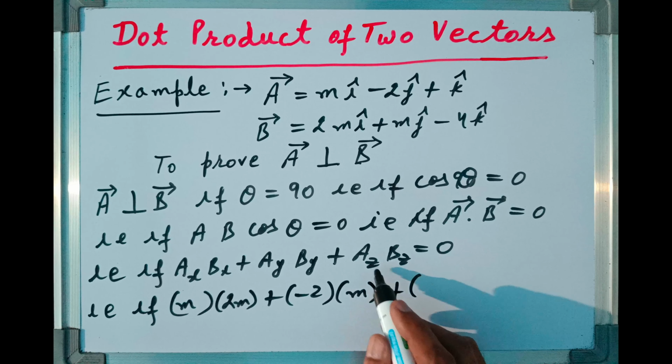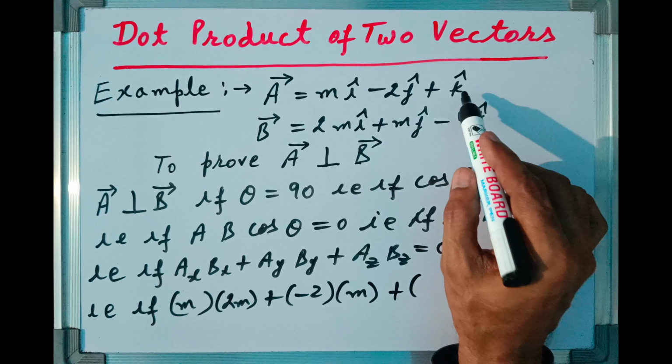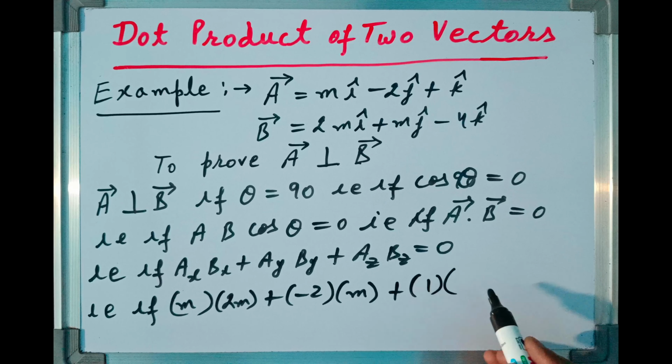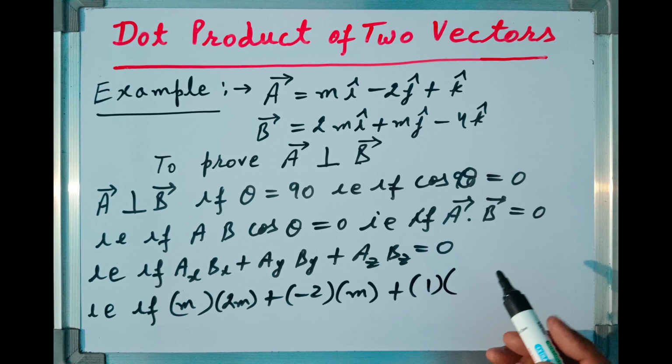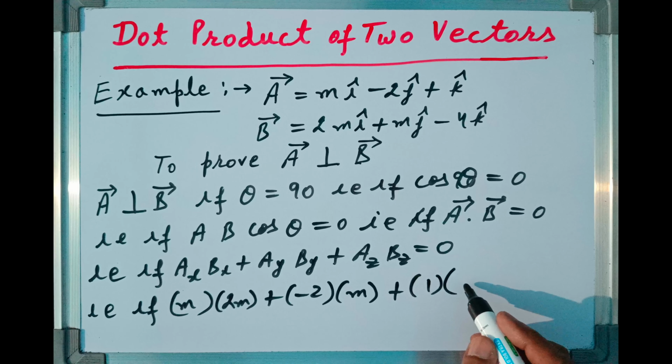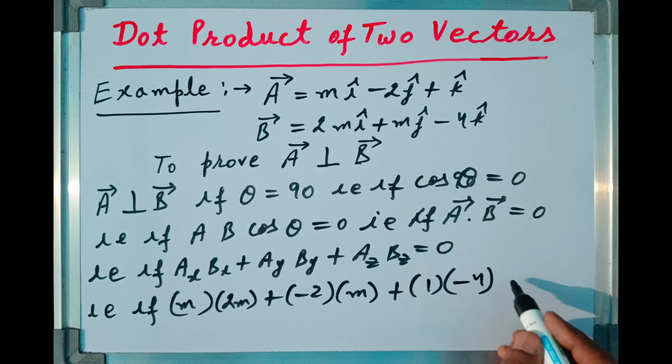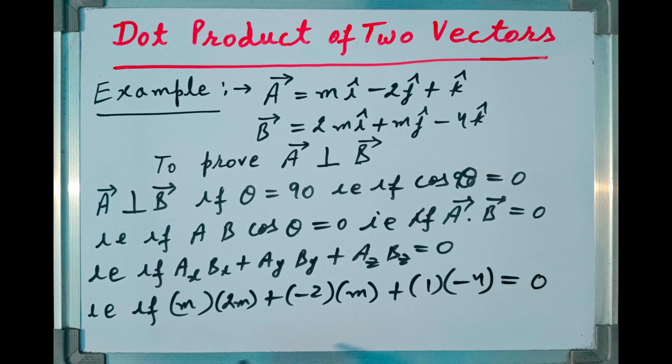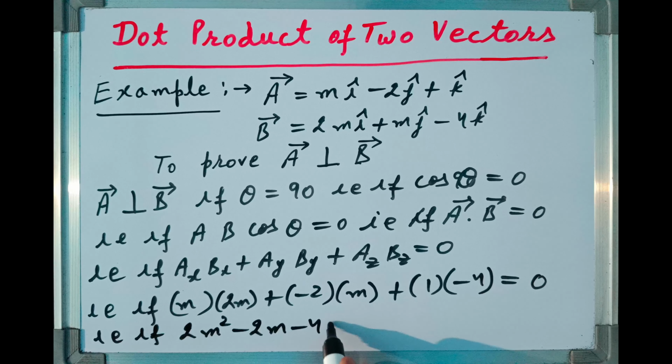Plus, what is az? Az is the coefficient of k cap, that is 1. Bz, the coefficient of k cap in the value of B vector, is minus 4. This product should be equal to 0. We shall solve this equation, that is, 2m square minus 2m minus 4 equal to 0.